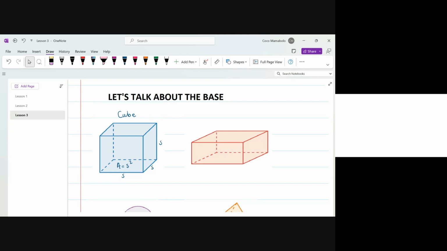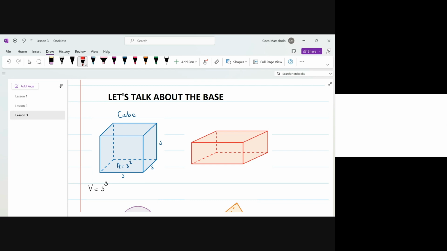So I get side times side times side, which is the same as side cubed. So the volume of a cube is side cubed. All right, nice and easy.